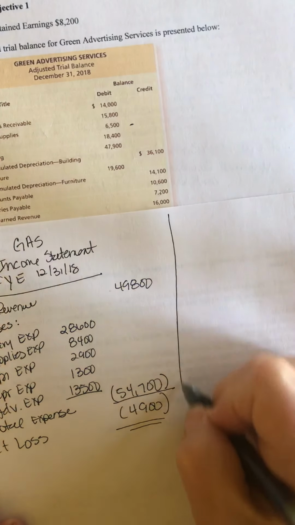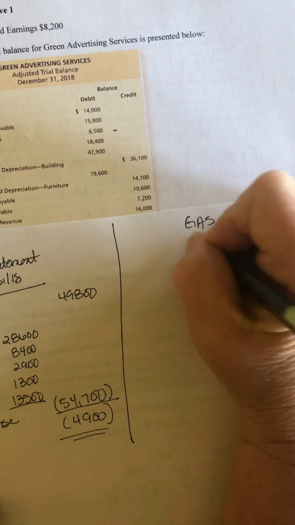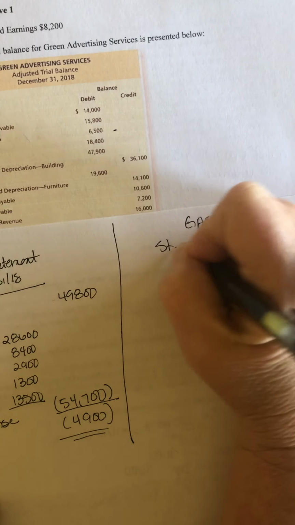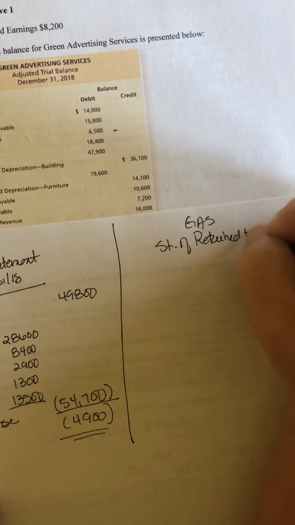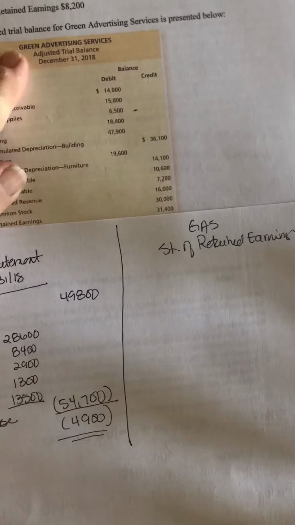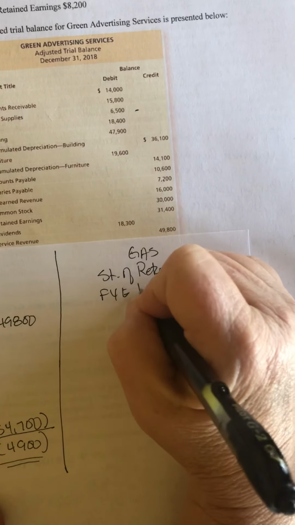I'm going to do my statement of retained earnings over here. All right, so for the statement of retained earnings, I have gas again. Statement of retained earnings. It also is for the year ended.